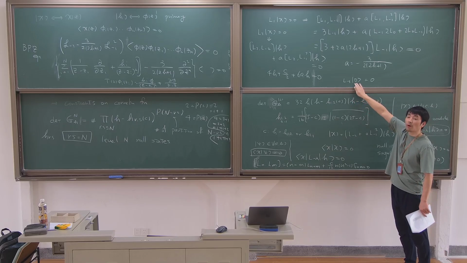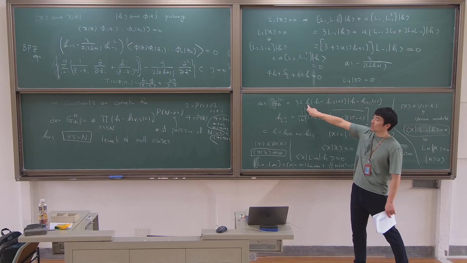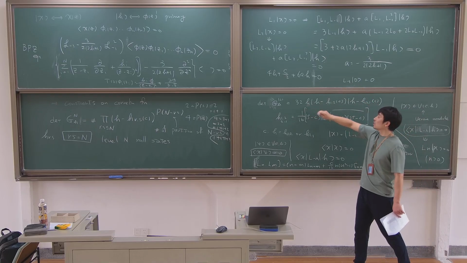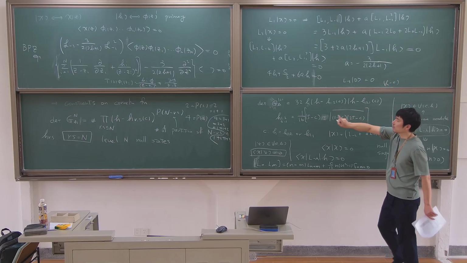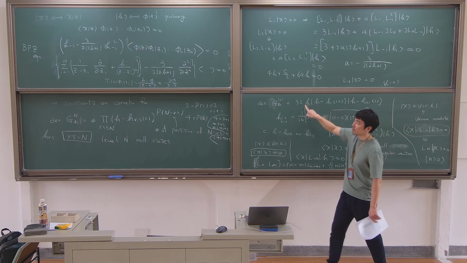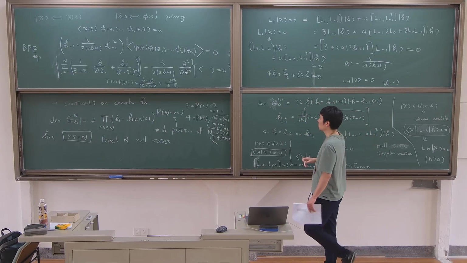So if the conformal weight is 0, which means vacuum, it will give you this h. This is essentially h minus 0. So this factor is really coming from the lower level 1 null state.